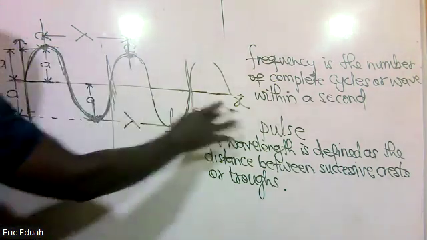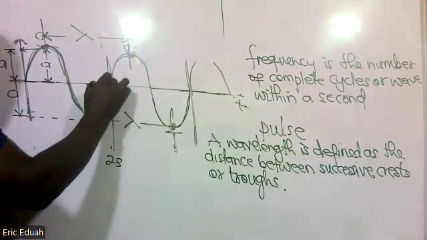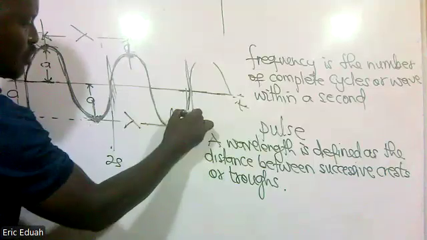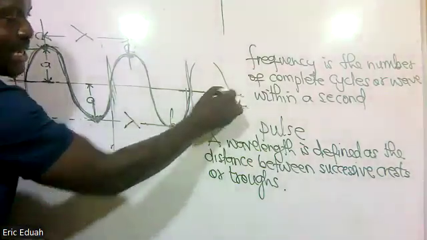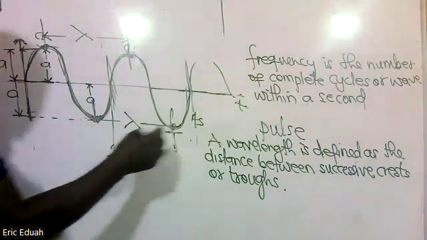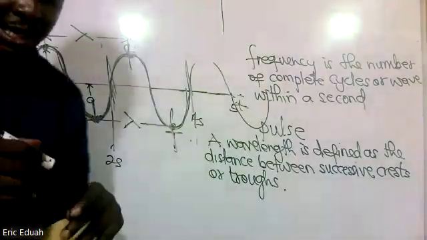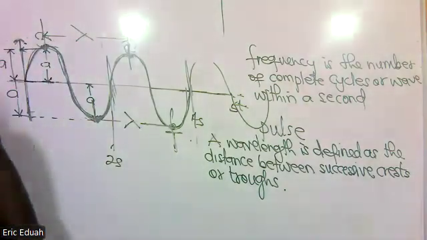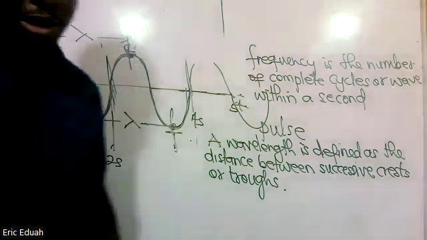If it is displacement against time, and this is 2 seconds, then the next complete wave will also be another 2 seconds. So this will be 4 seconds, 2 plus 2. This is half of the complete cycle, so this will be 5, then if we join, 6. So the time taken to have a complete cycle of wave is what we are terming as the period.